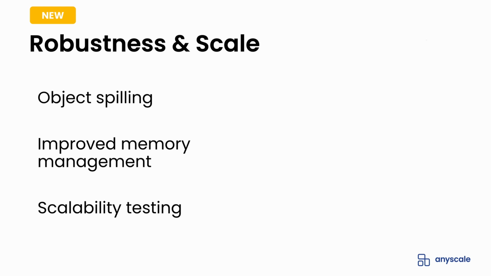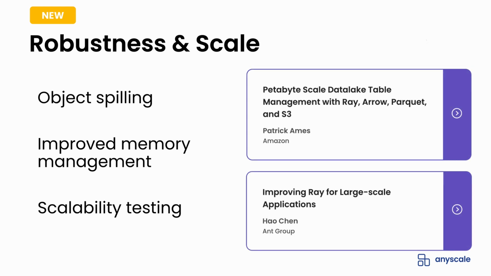If you're curious about the kind of applications that this work has enabled, check out Patrick's talk from Amazon to hear how they used Ray to increase the throughput of data processed to over 1 petabyte per hour, while decreasing costs by 90%.